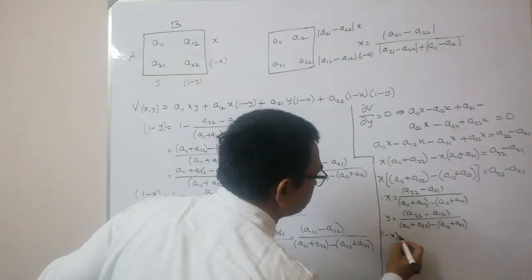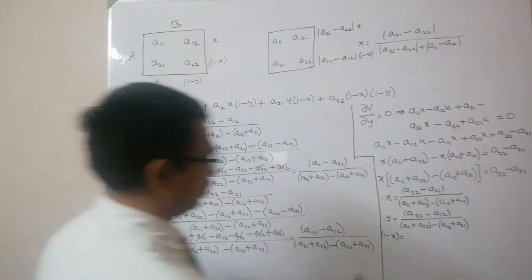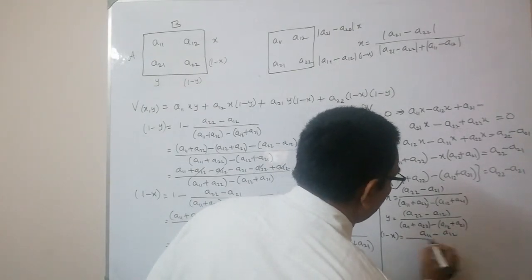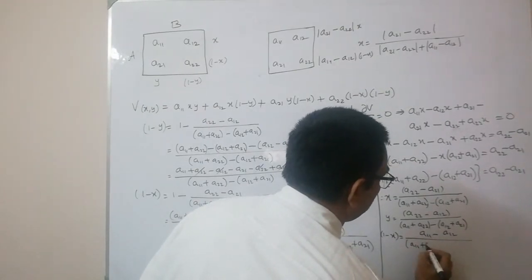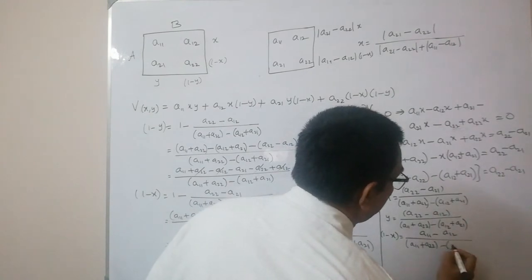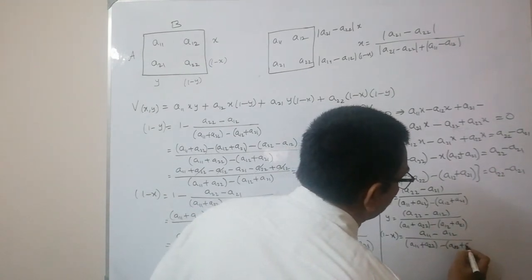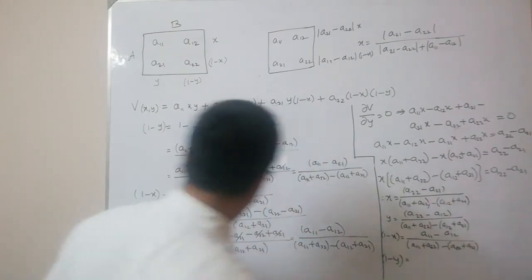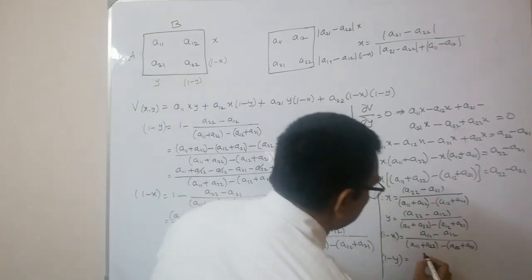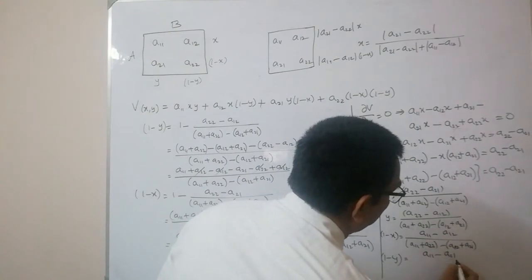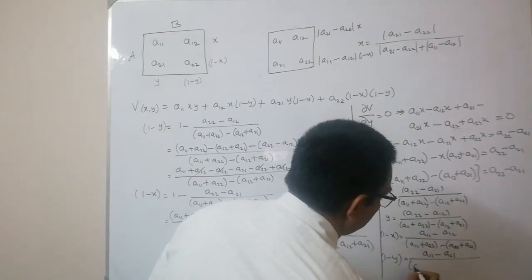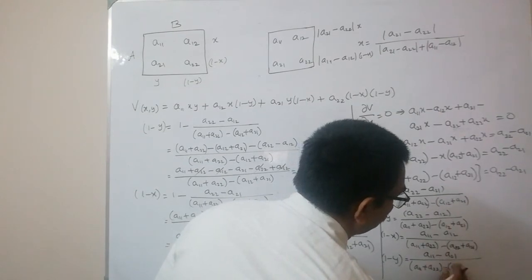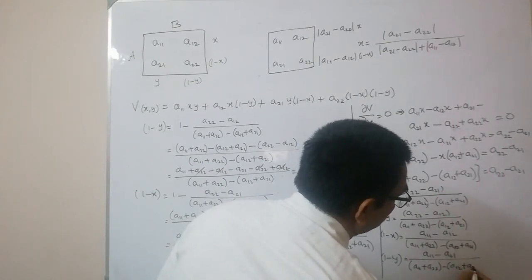So 1 minus x equal to (a11 minus a12) by (a11 plus a22 minus a12 plus a21), and 1 minus y equal to (a11 minus a21) by (a11 plus a22 minus a12 plus a21).